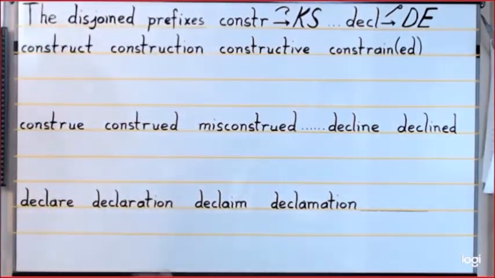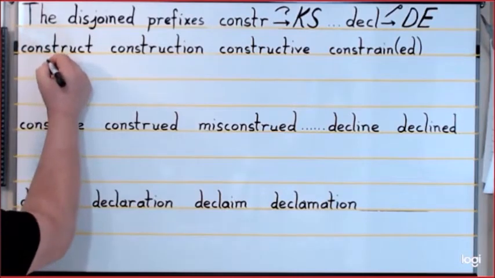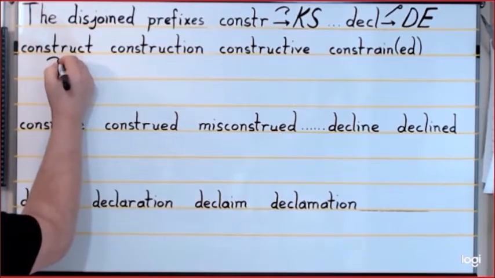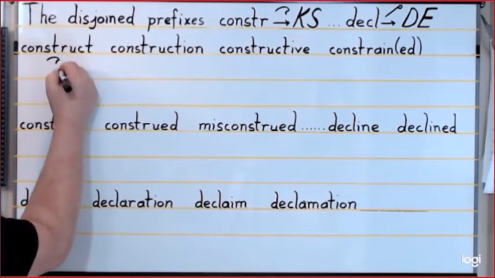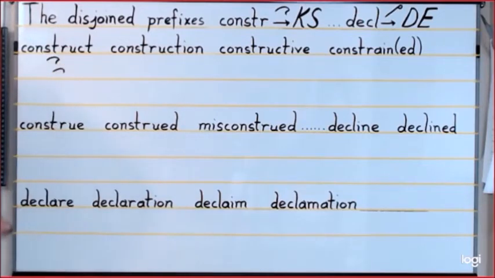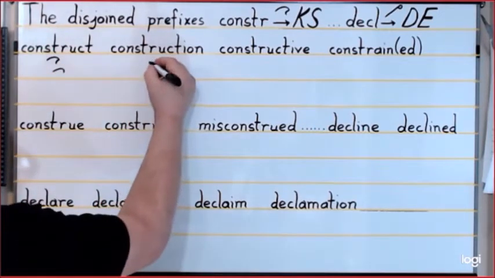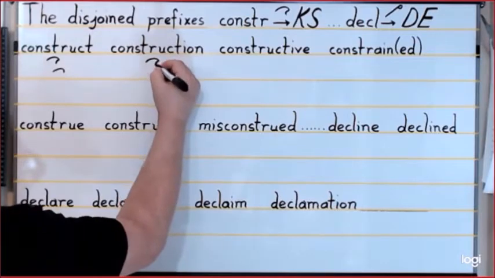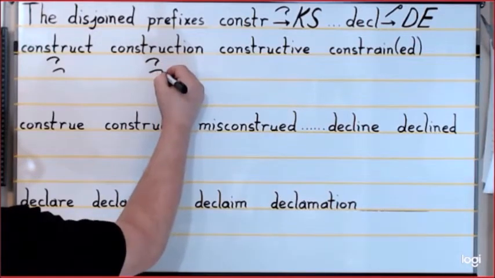For the word construct, it is a K, S, then below it, another K. Construction is K, S, then a K, SH.